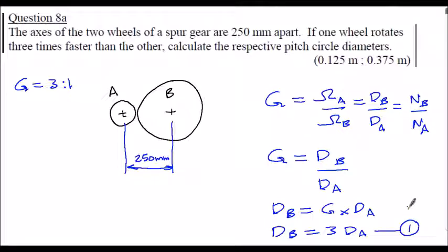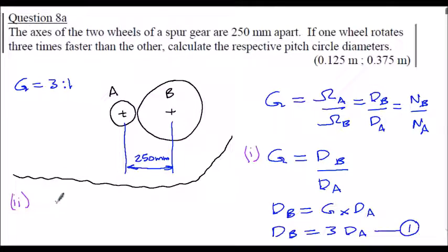I can't solve that at the moment, not enough information, but because of the geometrical constraint I can form a second equation. Step 2: I know that the diameter of gear A added to the diameter of gear B, all divided by 2, is equal to the centre distance c, which of course we know in this case.